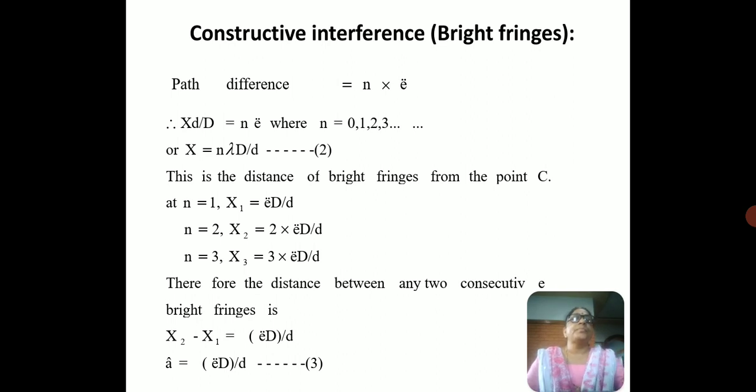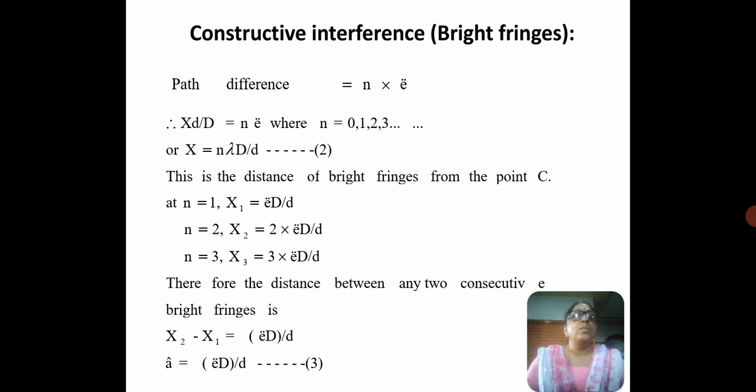Now let us equate this path difference for a constructive interference as well as for a destructive interference. For constructive interference, we know that the path difference is equal to n lambda. So, x into small d divided by capital D is equal to n lambda, where n equals 0, 1, 2, 3 and so on.